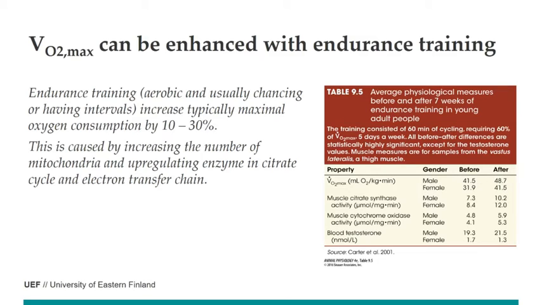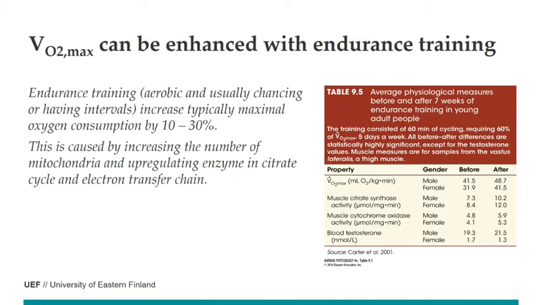It upregulates enzymes like citrate synthase or cytochrome oxidase, which are in the citrate cycle and the electron transfer chain. So now your mitochondria are better. You have more mitochondria and they are better at producing ATP.